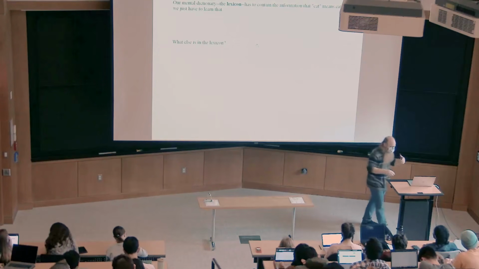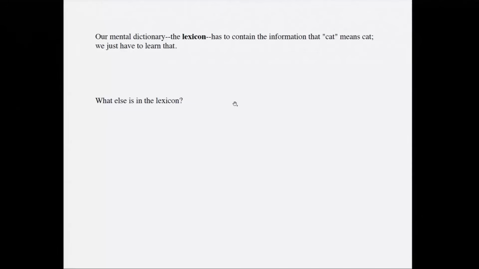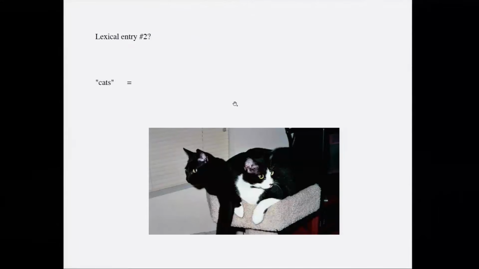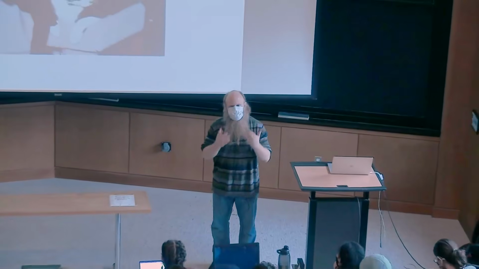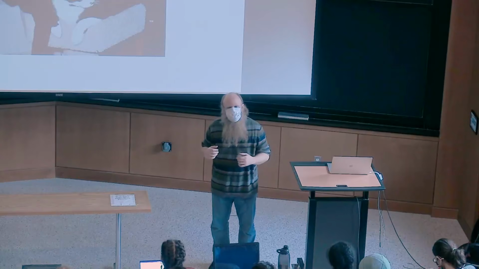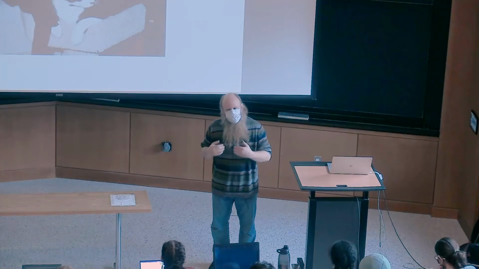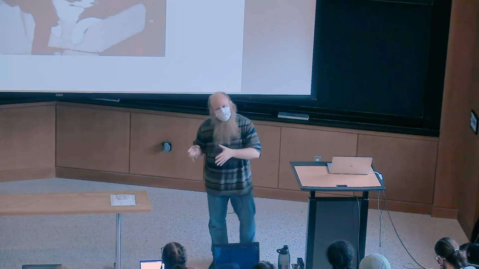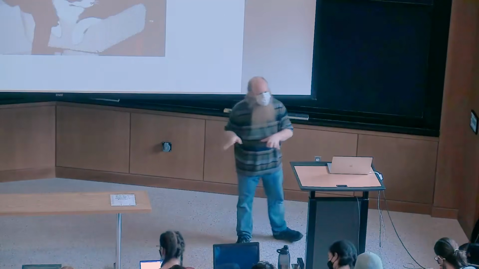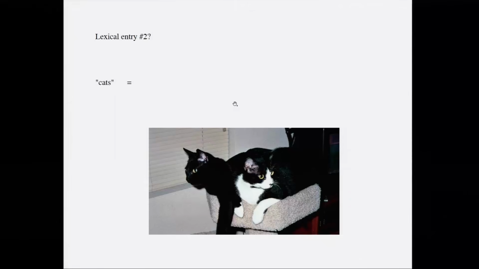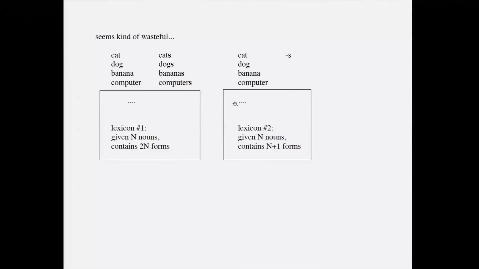What else is in your mental lexicon, your little list of everything you know about your language? Well, this could be lexical entry number 2, cats. Maybe, right? So you could have a lexical entry for cat that says cat refers to these little furry things that chase mice. And then you could have another entry, cats, that refers to more than one of those things. That's one way we could do our lexical entries.